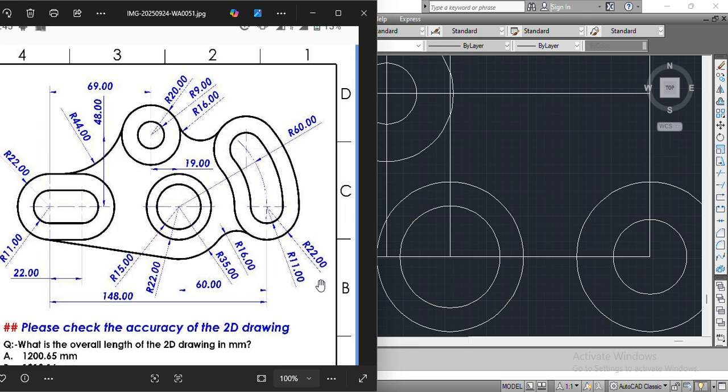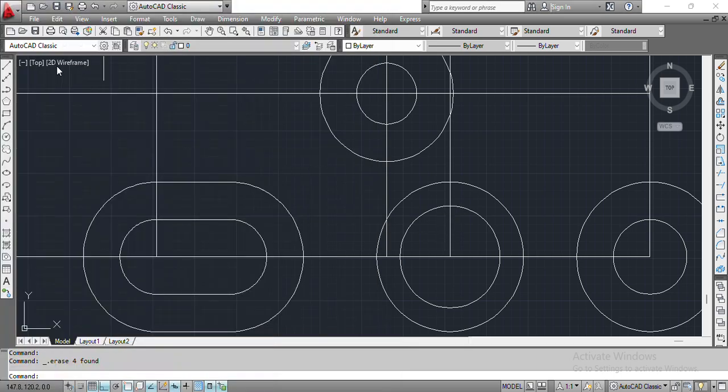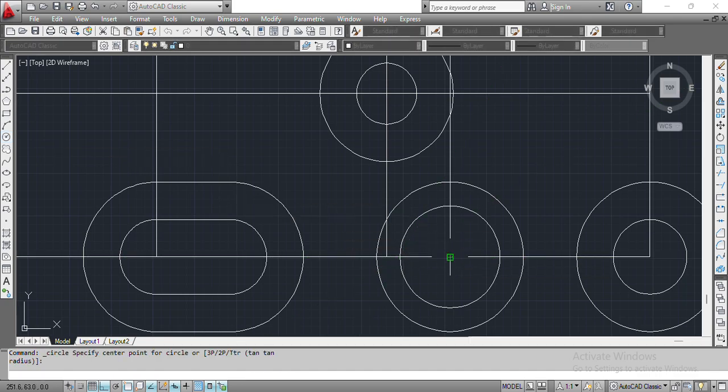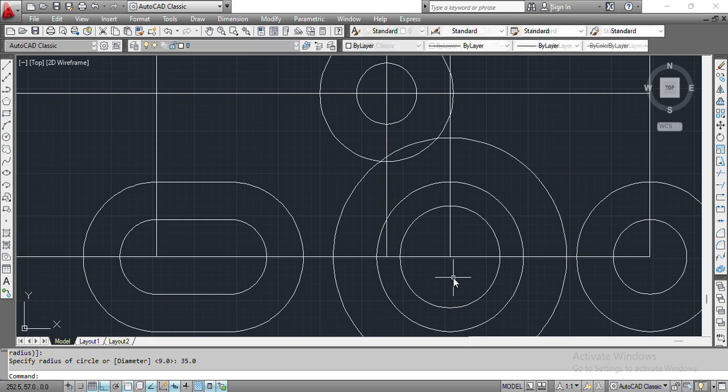So we are going to draw those circles. We'll start with R32, a circle of R32 from the center, R35.0. Good.